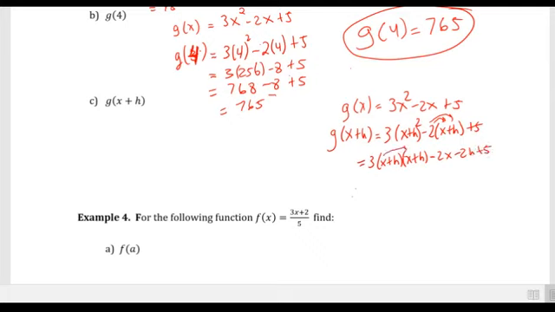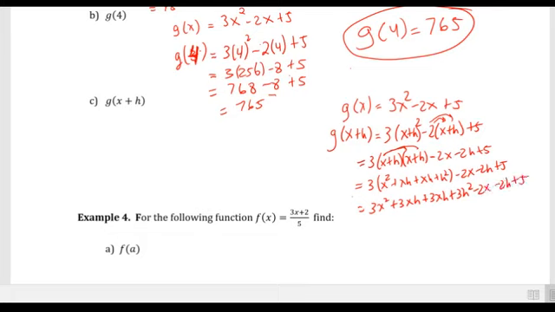I'm going to multiply these two, so we get x times x is x squared, x times h is xh, x times h is xh, and then we get an h squared minus 2x minus 2h plus 5. Distribute your 3, so we get 3x squared plus 3xh plus 3xh plus 3h squared minus 2x minus 2h plus 5.